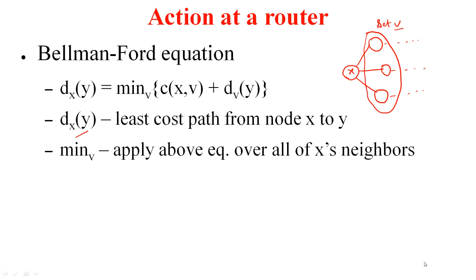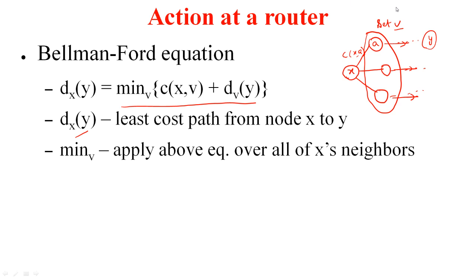The least cost path from X to Y is dictated by this particular equation where the minimum is taken over this entire set of X's neighbors, where you will determine what is the cost of going from X to this neighbor. Let me call it A. What is the cost of this? So this is C_XA, and then what is the cost of reaching this destination Y from A.